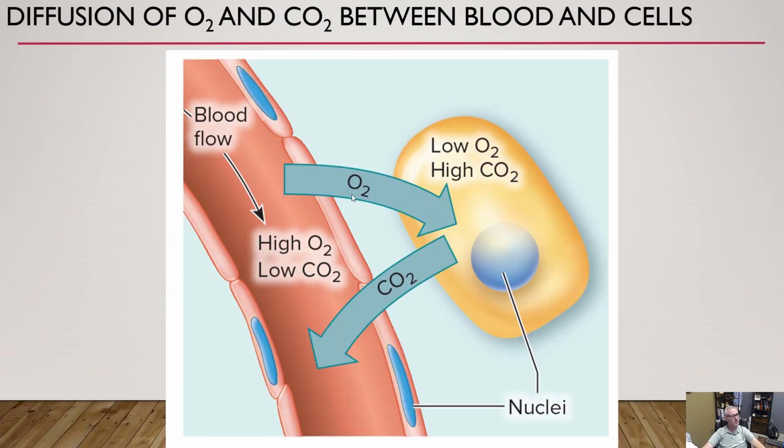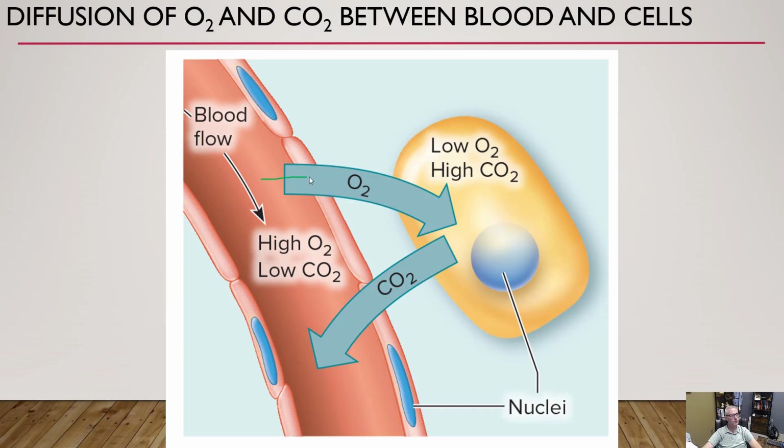We see this at the cellular level when we exchange carbon dioxide and oxygen. We breathe in oxygen. Oxygen goes from the lungs to the bloodstream, and in the bloodstream, at the cellular level, we have a higher concentration of oxygen than we do in the cells.